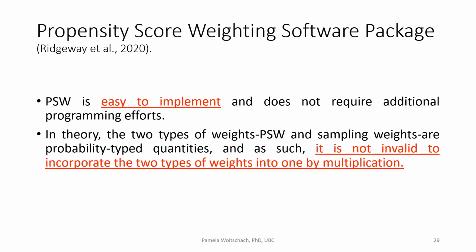The propensity score weighting that we are going to implement in this presentation is easy to use, and the combination of the non-response weight that we get from it and the sampling weight is valid, and as they are both probability weights, they can be multiplied.